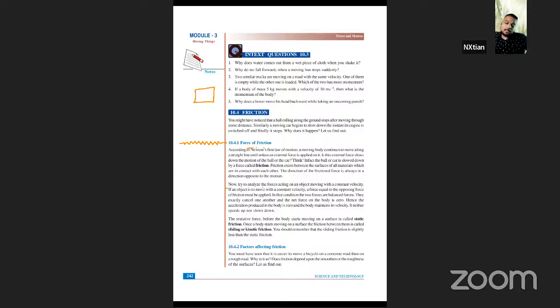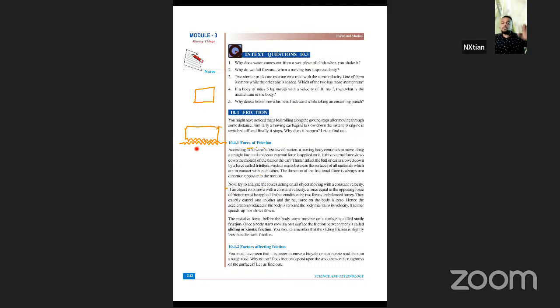Now, what does this mean? This means that the box you are putting on the table also has a surface that is not smooth. It looks like this when you see it through a microscope. So there is interlocking between the surface and the object.